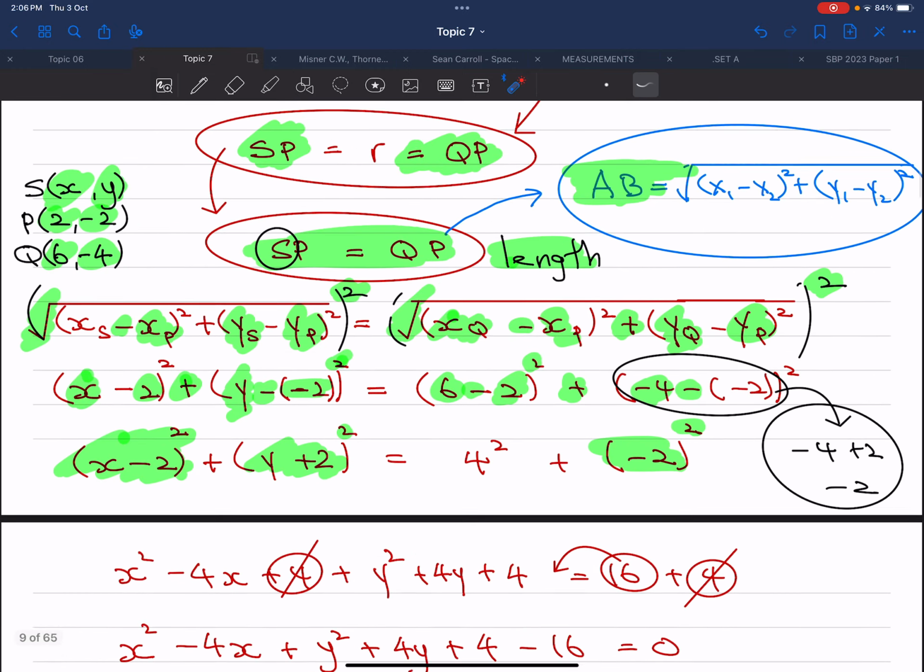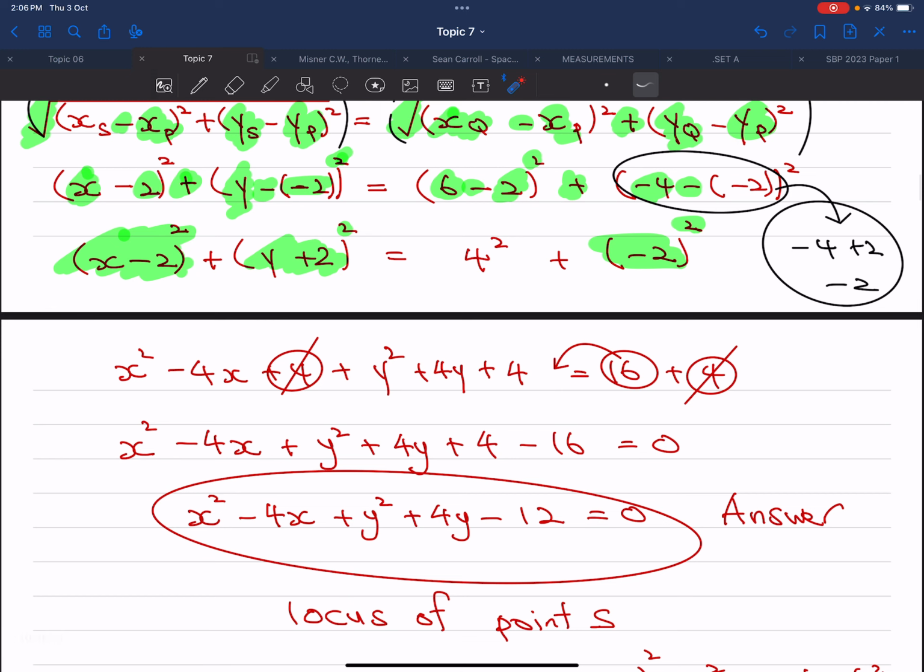So using that, x minus 2 bracket square is x square minus 4x plus 4, plus y plus 2 bracket square is y square plus 4y plus 4. On the right hand side, 4 square is 16, negative 2 square is 4.